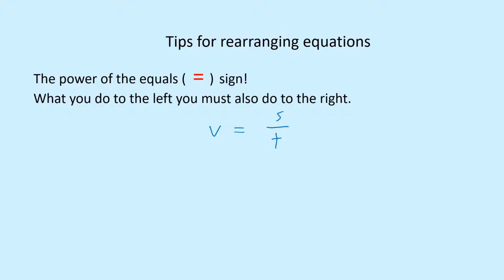So say for example, I wanted to get T on the left-hand side of the equation. Well, I could say, right, I will multiply the right-hand side of the equation by T, and that's okay, provided I multiply the left-hand side of the equation by T. And then if I follow it down, T times V is VT, and S over T times T is ST over T. And of course, I'm sure you realize that T over T cancels out, because as you'll see in my next tip for rearranging equations, anything divided by itself equals 1.